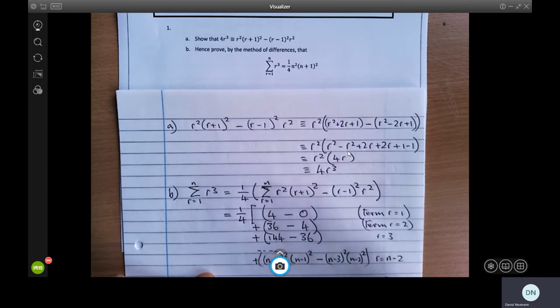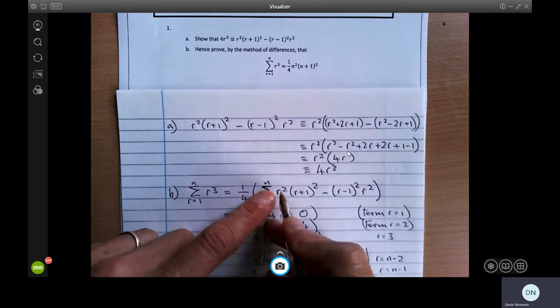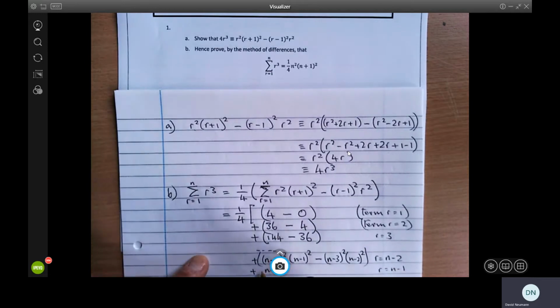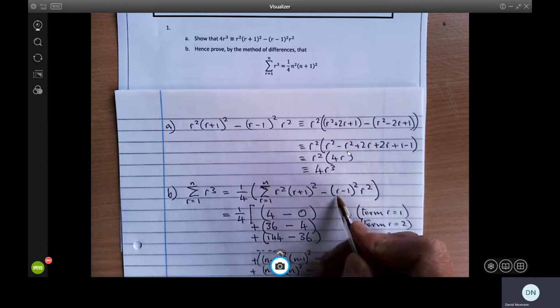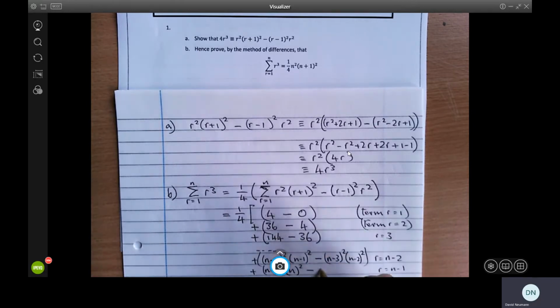That's our term with r equals n minus 2. Terms r equals n minus 1 and r equals n are going to come here, so plus, put n minus 1 in here, we're going to get n minus 1 squared times n squared, minus n minus 1 in there, we're going to get n minus 2 squared times n minus 1 squared.